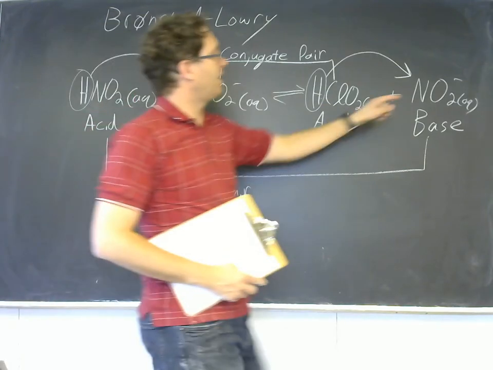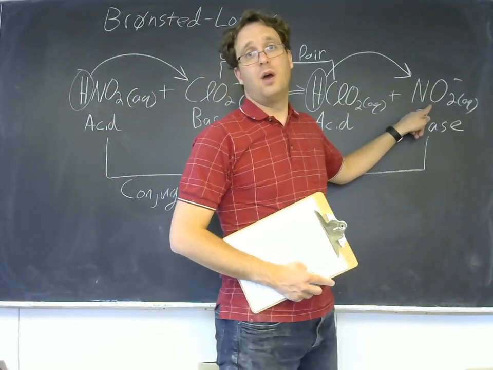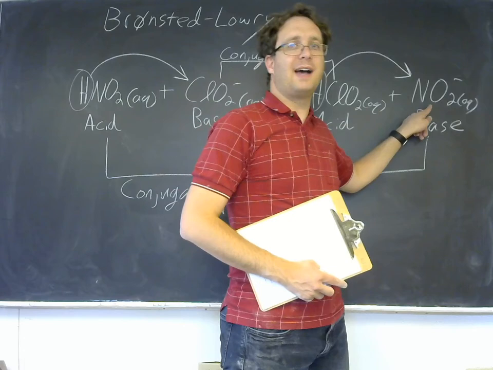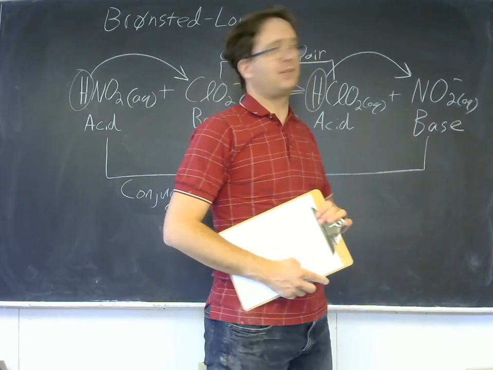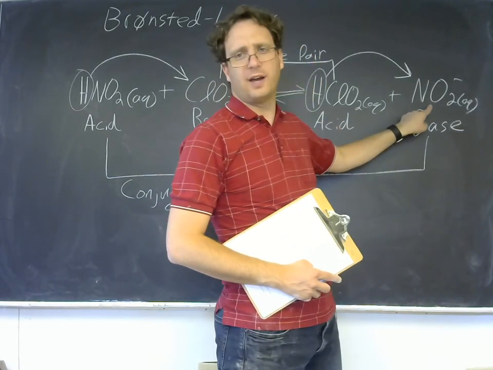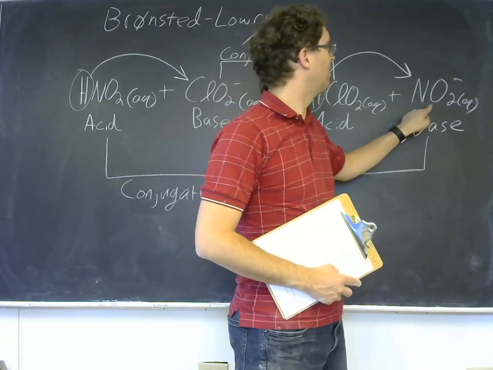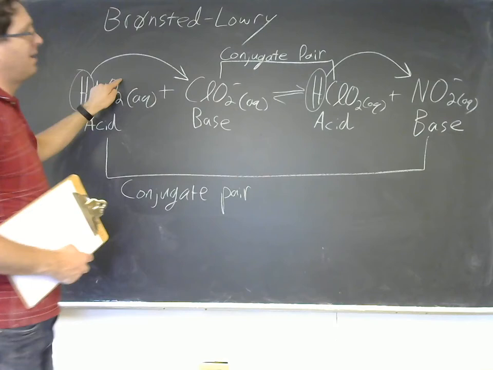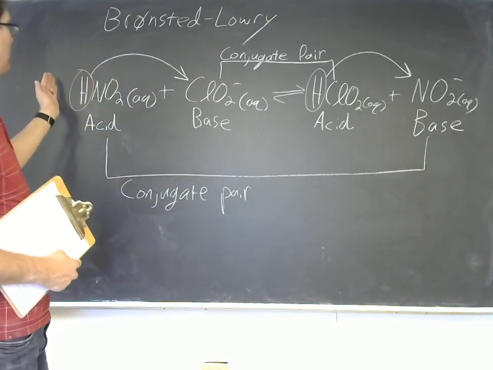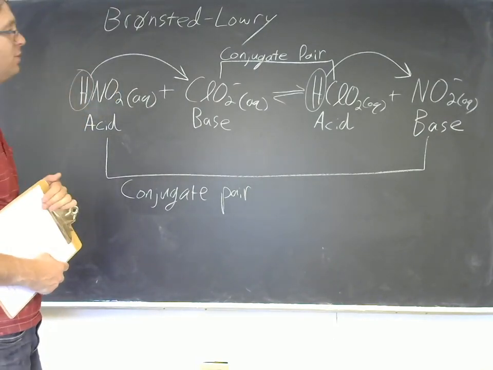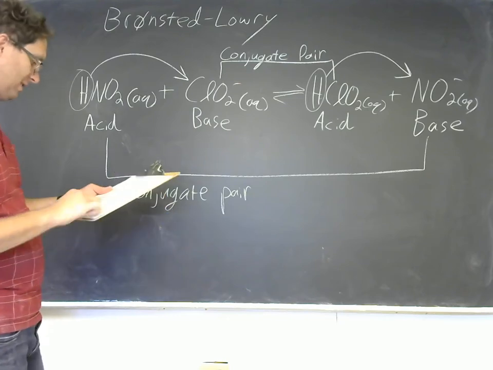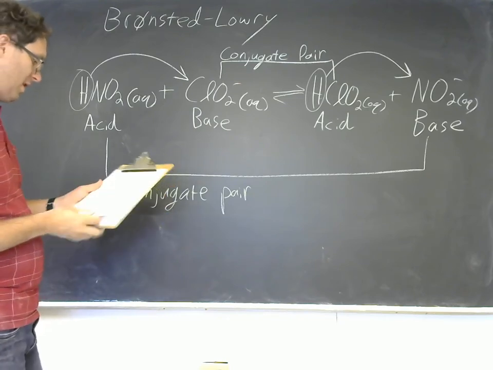And if I looked at nitrite ion and I asked you, what is the conjugate acid to nitrite ion? You'd say, well, what does nitrite ion look like if I add an H plus to it? We'll add an H, and the plus undoes the negative charge, and we get nitrous acid. HNO2 is the conjugate acid to nitrite ion.